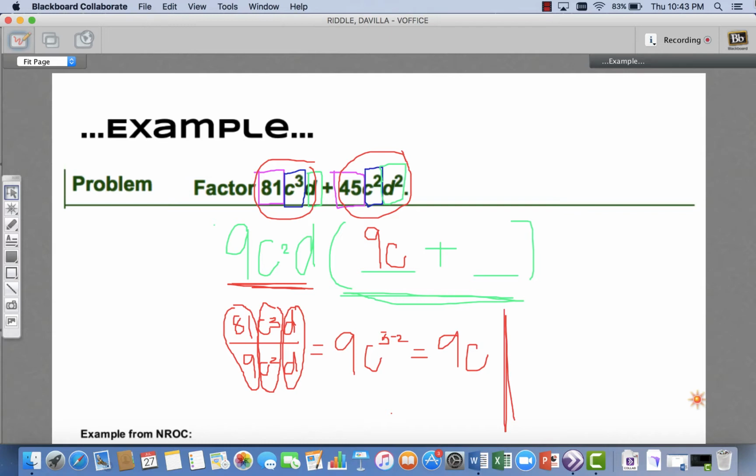And then we do the same thing for our second term. 45c squared d squared divided by 9c squared d. And we group together these terms.